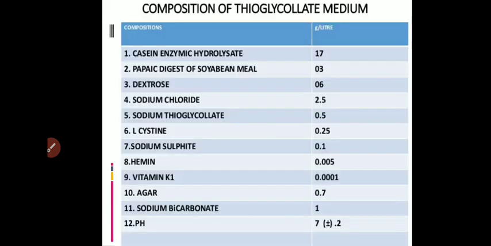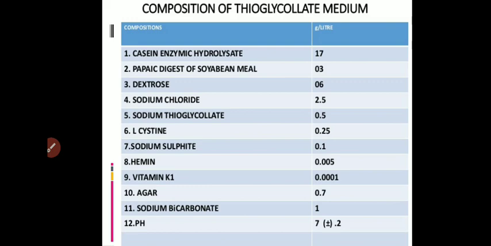As we all know, the strain utilized here is Clostridium tetani. For its production, we use thioglycolate medium, and here is the composition of thioglycolate medium, which includes casein, peptic digest of soybean meal, dextrose, sodium chloride, sodium thioglycolate, amino acids like cysteine, sodium sulfate, hemin, vitamin K1, agar, sodium bicarbonate, and the pH of this medium is adjusted at 7 plus minus 0.2.